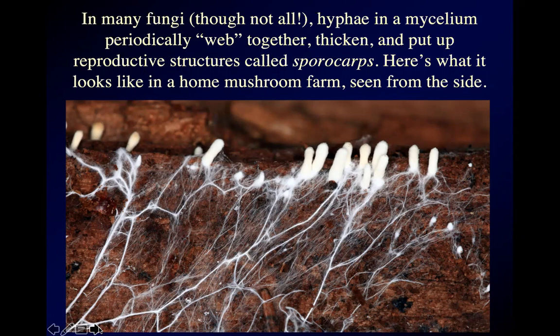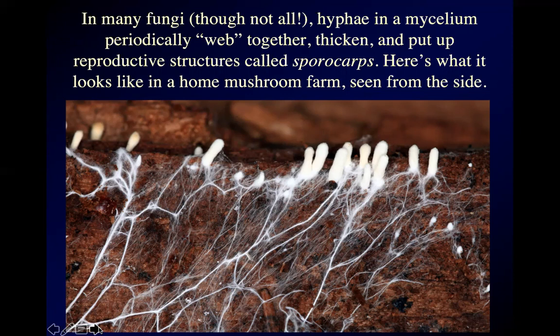But in many fungi, every so often, when conditions are right, the hyphae will start growing together and form strands that twist and web together. They thicken and start sticking out above the surface of the soil, putting up reproductive structures called sporocarps. The best known sporocarps are mushrooms.